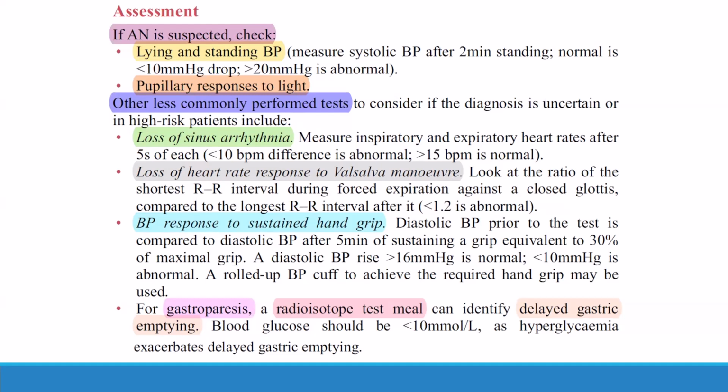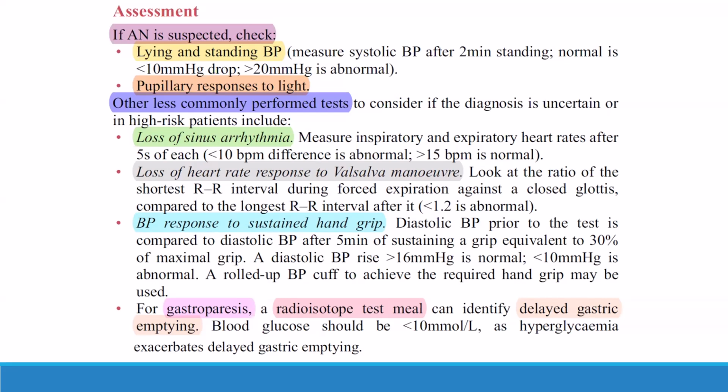If it is lost, autonomic neuropathy will be diagnosed by measuring inspiratory and expiratory heart rate after 5 seconds of each. A difference of more than 15 beats per minute is normal, but less than 10 beats per minute is abnormal.